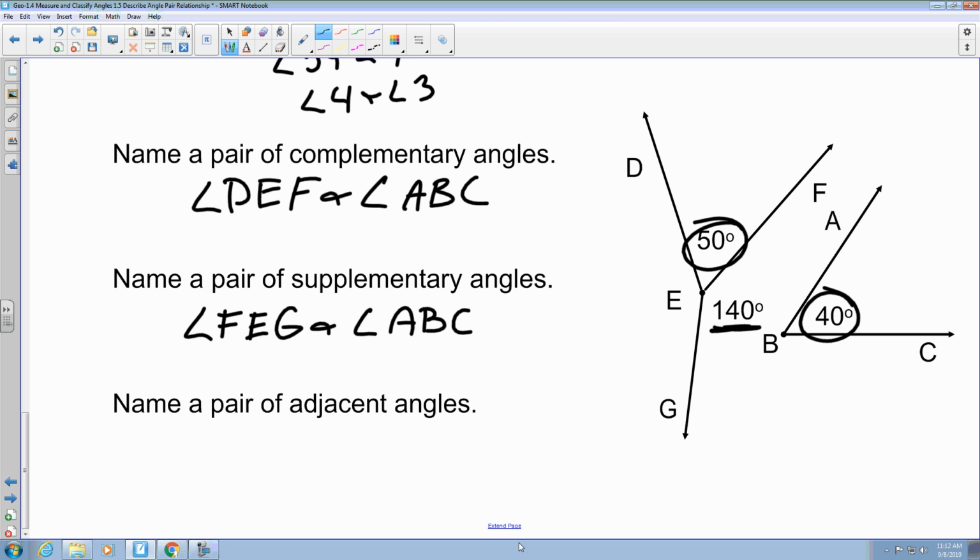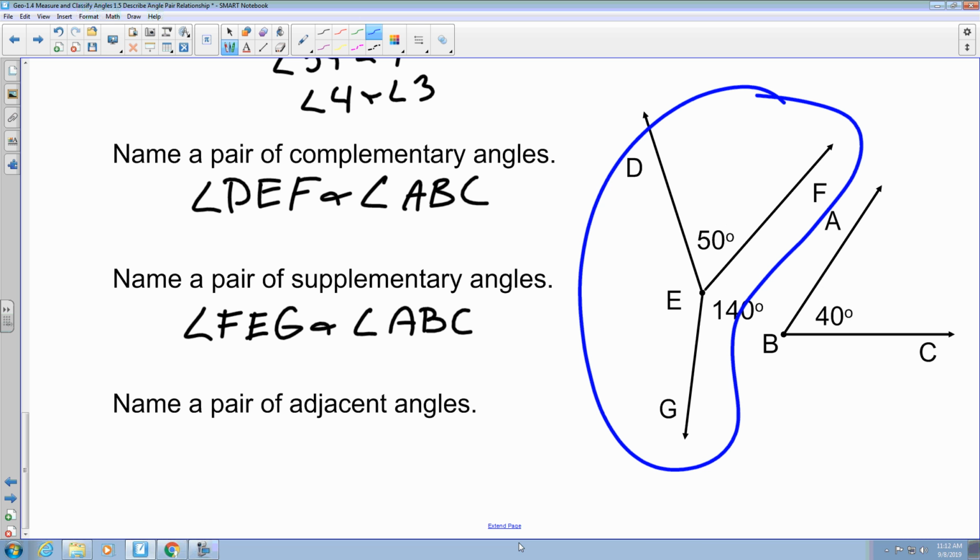And then finally it says name a pair of adjacent angles. So naming a pair of adjacent angles, we'd have to use this one here because there's only two sets of rays. So this angle here and also this angle here are in fact adjacent angles.